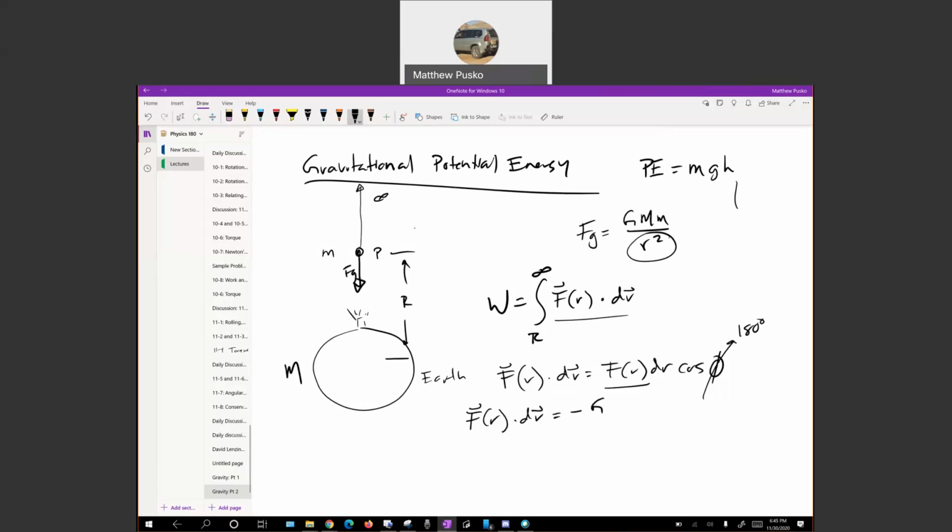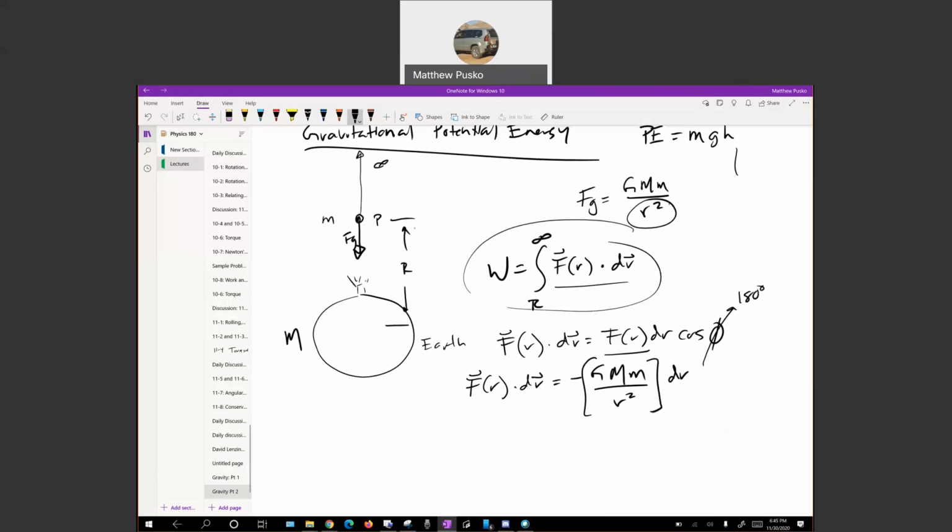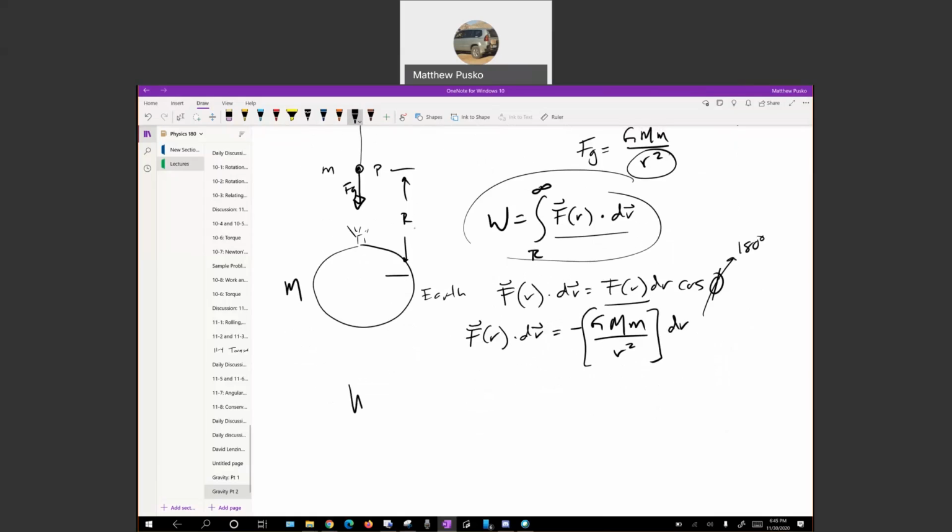Times the big mass times the little mass all over r squared, and then times dr. Now let's substitute this all back into our work equation. So we need to integrate it, where the work is equal to, we can pull out the constant -1, the constant G, we can pull out the masses because they're not changing, and integrate from r to infinity just the 1 over r squared with respect to r.